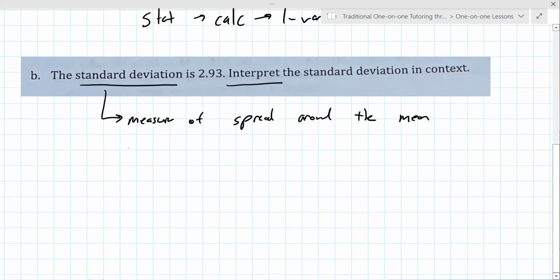Measure of spread around the mean. So you can use words like varies, but you want to create a sentence that says something like the spread of hours around the mean sleeping is 2.93, or it varies from the mean about 2.93. You may also want to say whether it's a lot or a little.